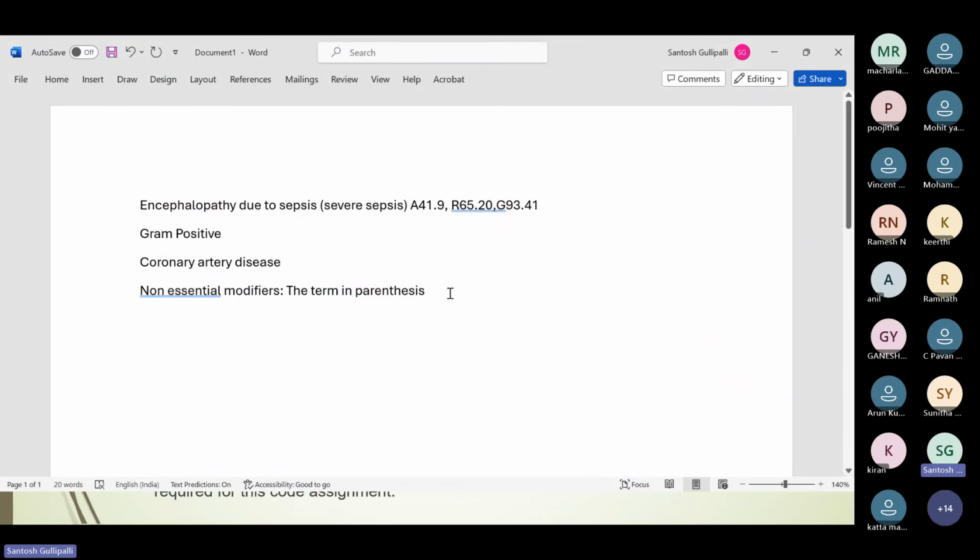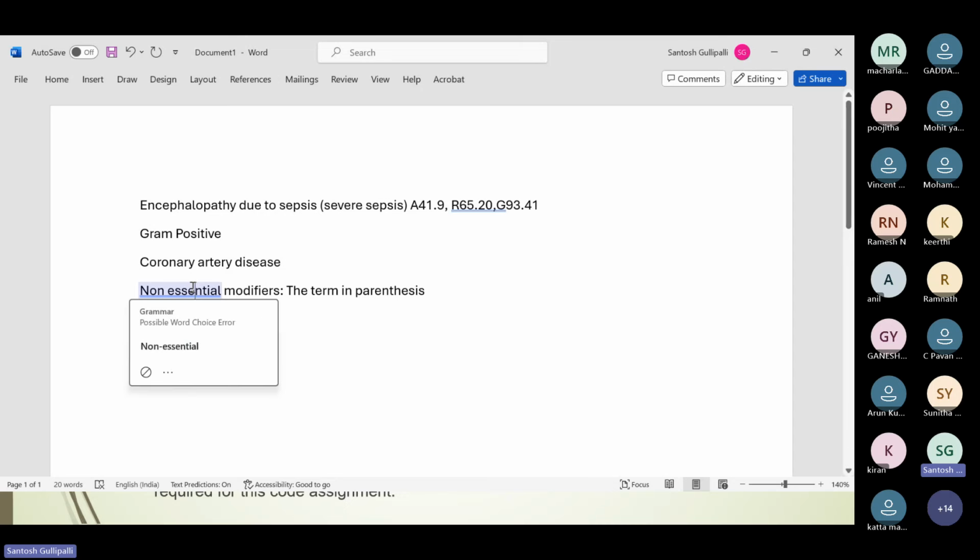The terms in parentheses are known as non-essential modifiers. So what are non-essential modifiers? The non-essential modifiers are the terms in parentheses.